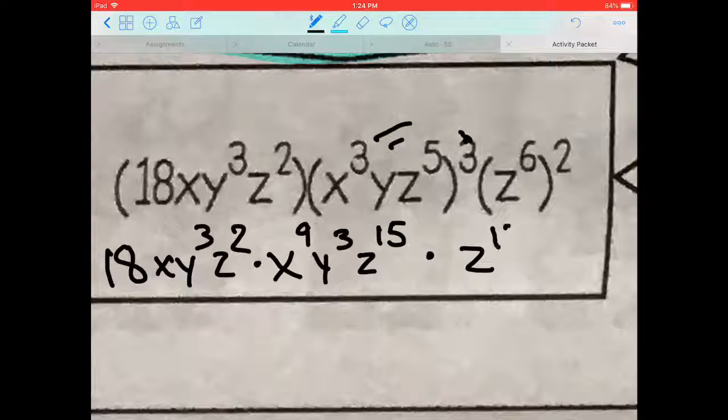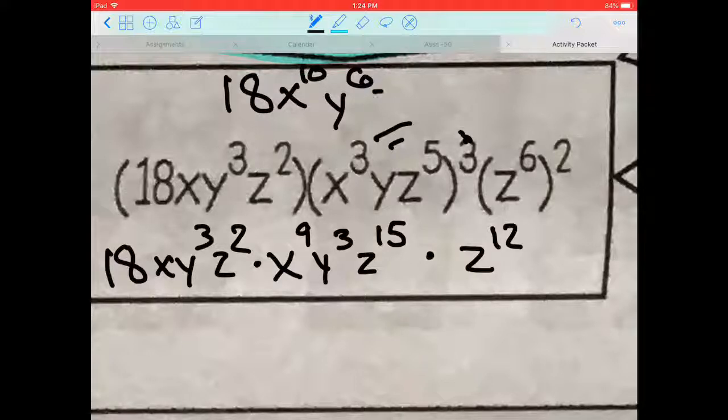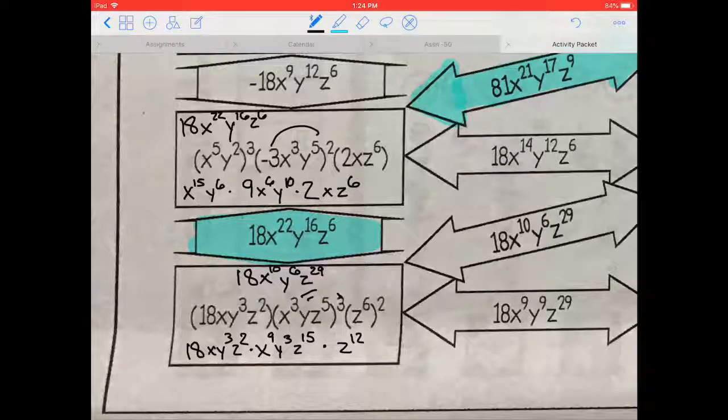Times z to the 12th. So 18. Add up all the exponents. 1 and 9 is 10, and that's it. So x to the 10th, y 6, z 15, and 12 is 27, 28, 29, 29. 10, 6, 29, positive 18. Here we go.